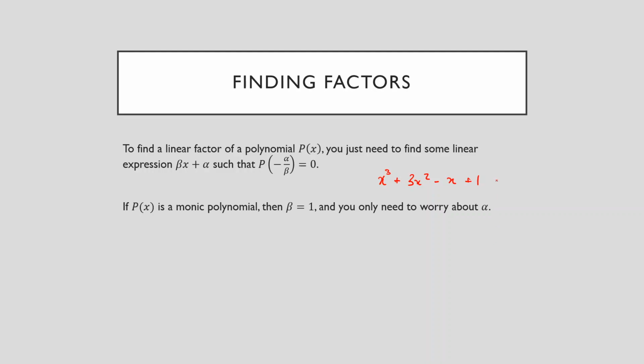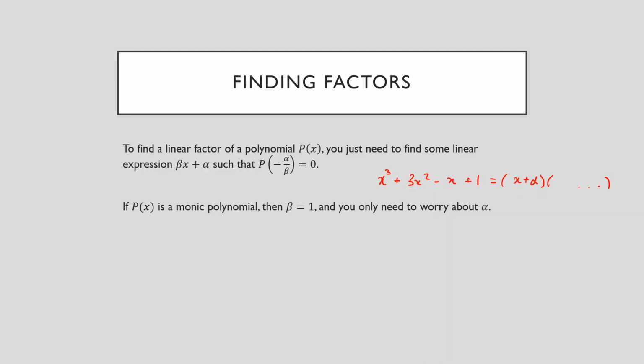Because if we're trying to find a linear factor of this polynomial, we want to factorize this into a linear factor times something else. So our linear factor is going to be of the form beta x plus alpha times some other business to get this polynomial back. In fact, we know in advance that this beta only has to be equal to 1.